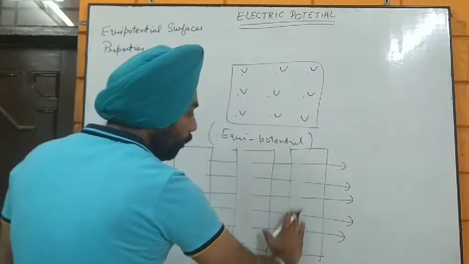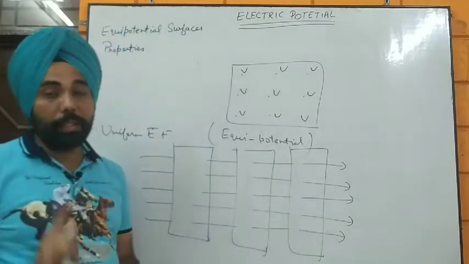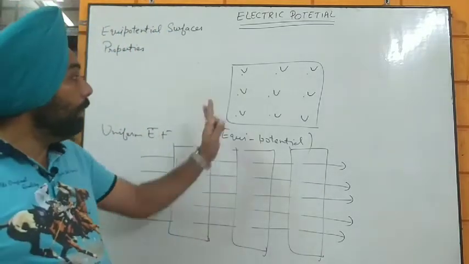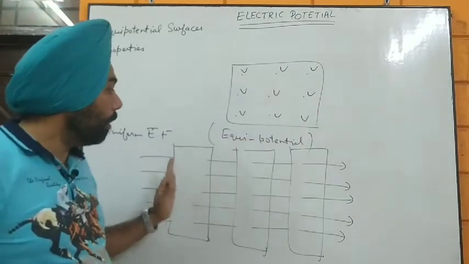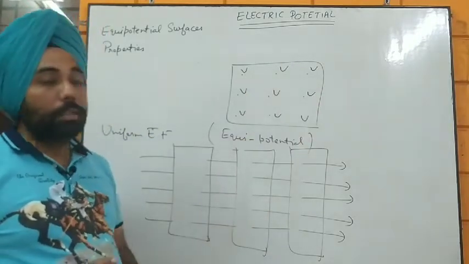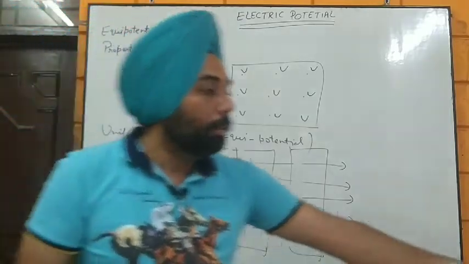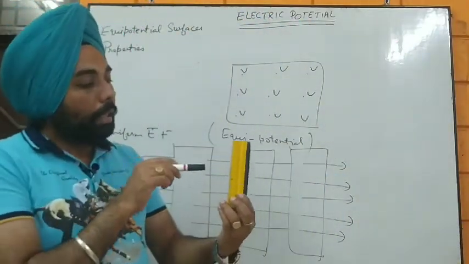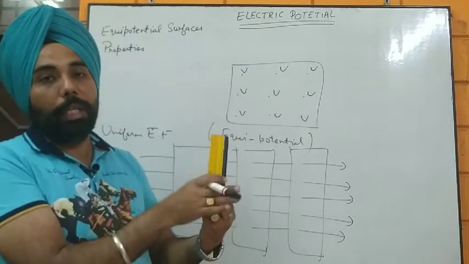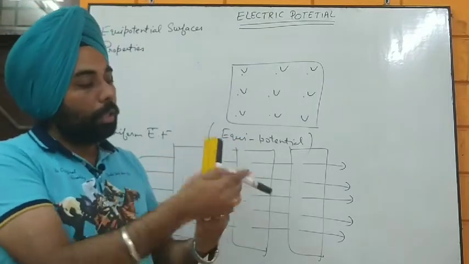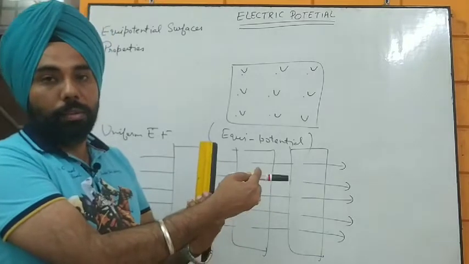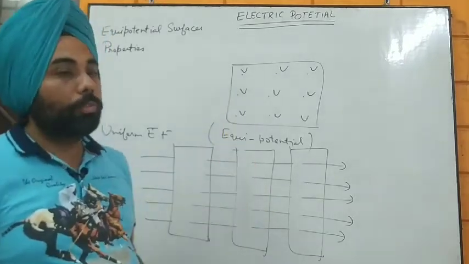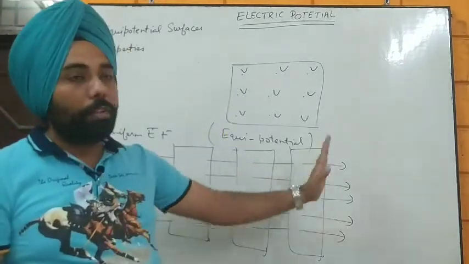So in any uniform electric field, the equipotential surfaces are always at right angle. If these are the electric lines, then the electric potential behaves like a plane which is perpendicular to the electric lines. So that is known as equipotential surfaces. That is for a uniform electric field.